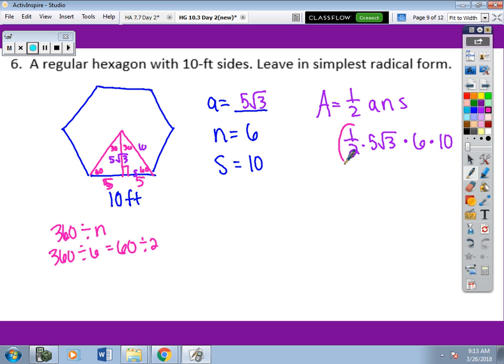And again, you can multiply 1/2 times 5 times 6 and times 10. All the outside numbers will get multiplied together. And we will get 150 root 3. They want it in radical form, so we're not typing that into our calculator to get a decimal. And this will be square feet.